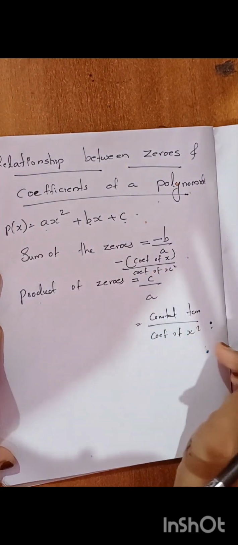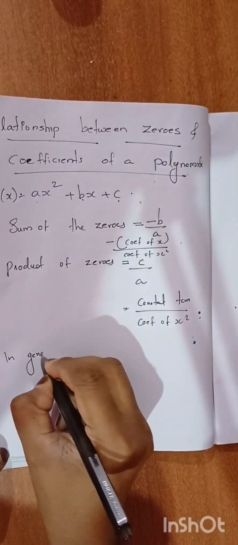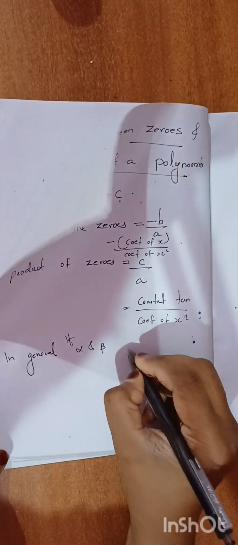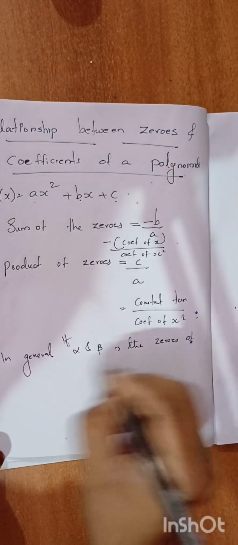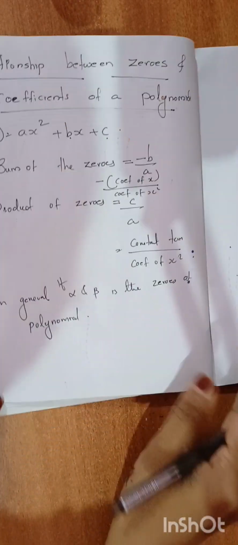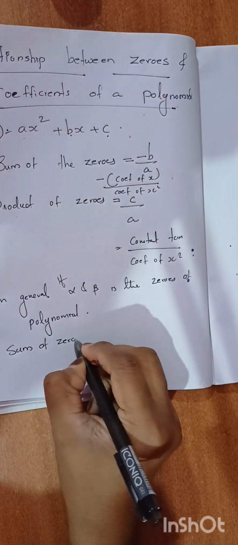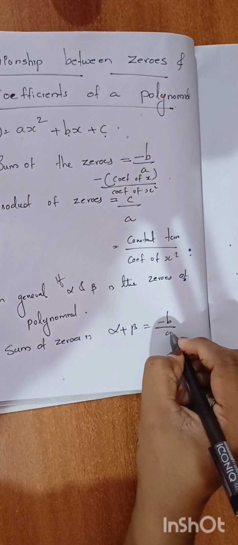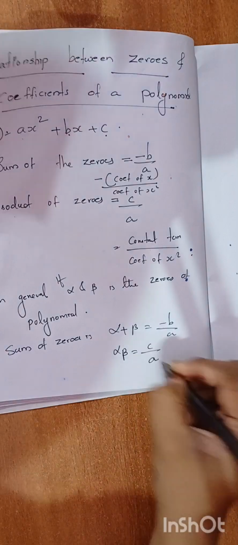It will be more clear while doing the problems. In general, suppose alpha and beta are the zeros of the polynomial, we can denote the sum of the zeros, that is alpha plus beta, as equal to minus b by a, and the product, alpha into beta, is equal to c by a.